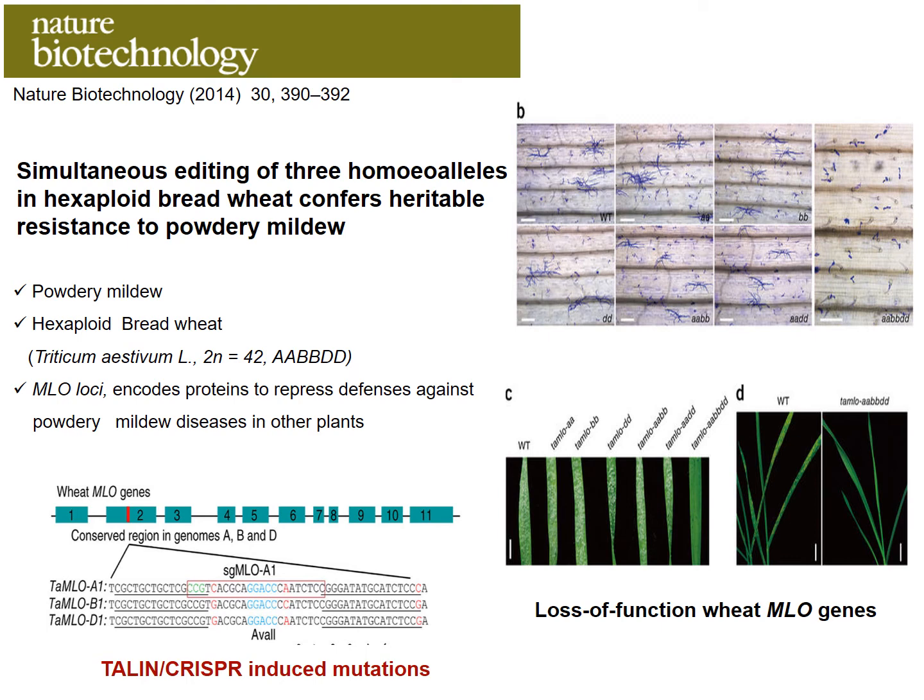Simultaneous editing of homoeoalleles in hexaploid bread wheat confers heritable resistance to powdery mildew.